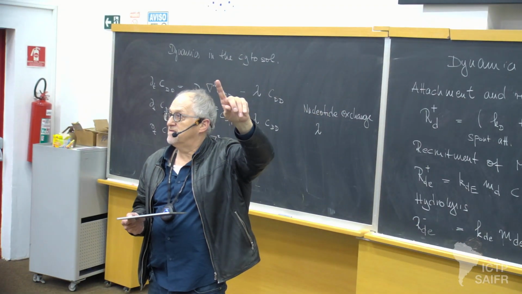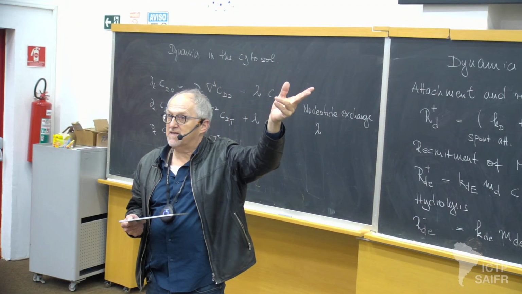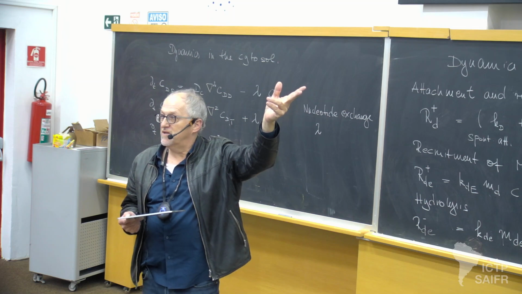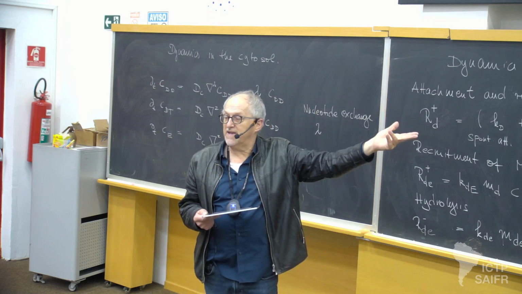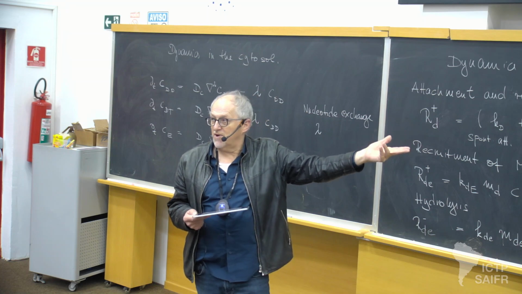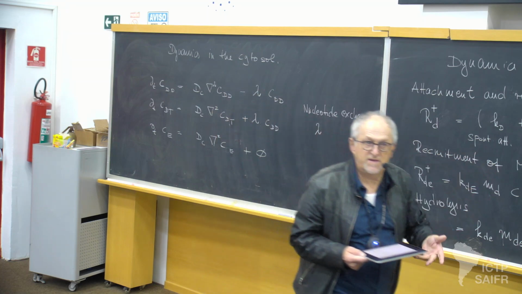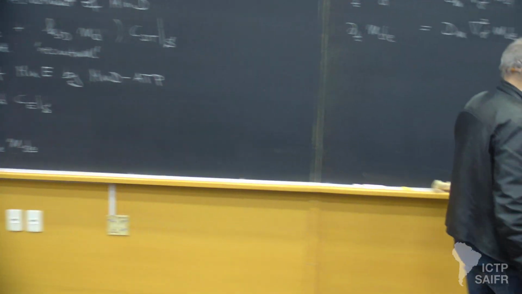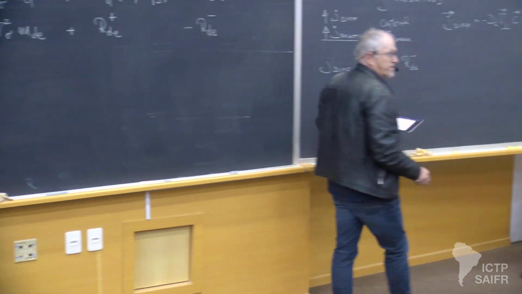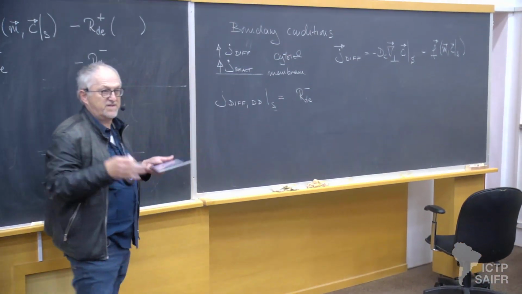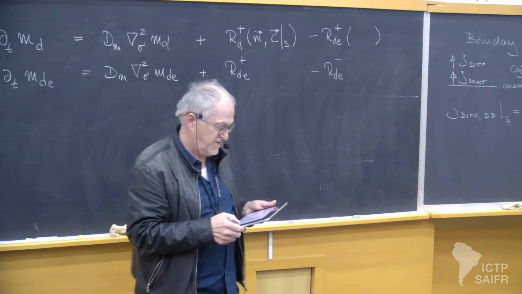MinE and inactive MinD, right? So the term I should write on the right-hand side is the hydrolysis process, right? So this is what you have here. This is R_DE minus. And that's one of your terms, Veronica. It's the hydrolysis that gives rise to that flux.